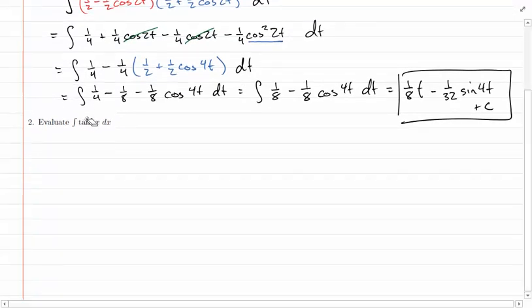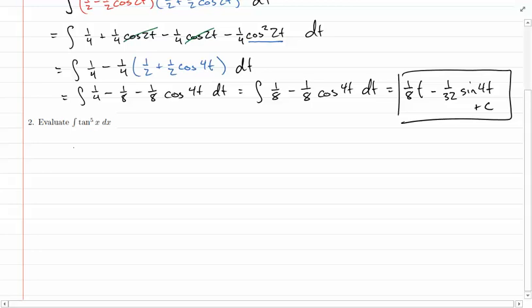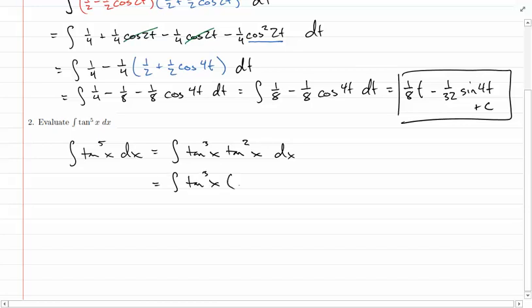All right, integral of tangent to the fifth. So what we're going to do with tangent to the fifth is split it up as tangent cubed times tangent squared. The nice thing about having a tangent squared in there is that tangent squared is the same as secant squared minus 1.